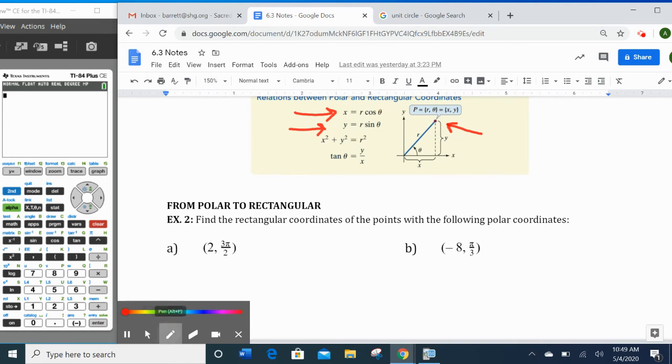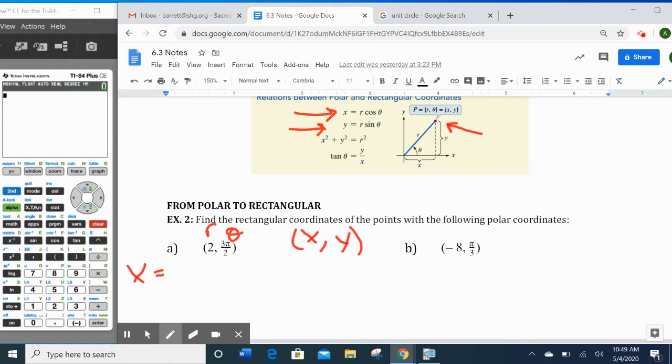If they say find the rectangular coordinates of the points with the following polar coordinates, they give me r and theta. So to find x, I can plug in r times cosine of theta. So 2 times cosine of 3 pi over 2.